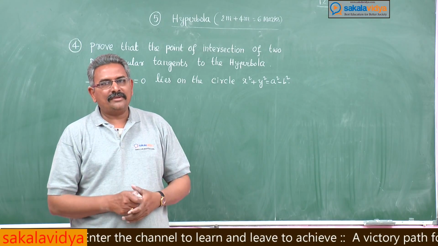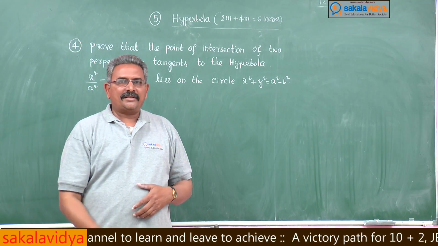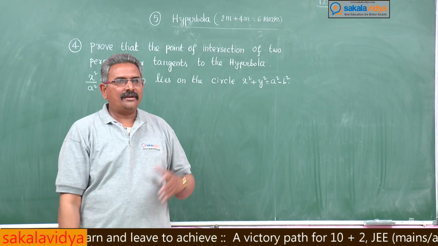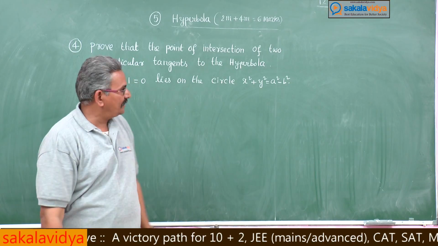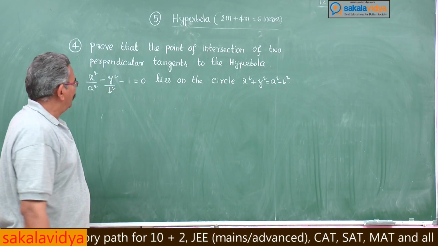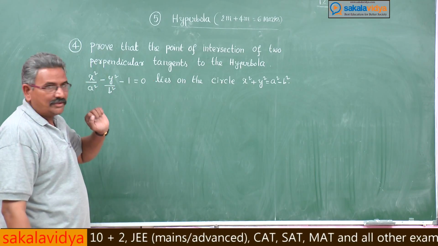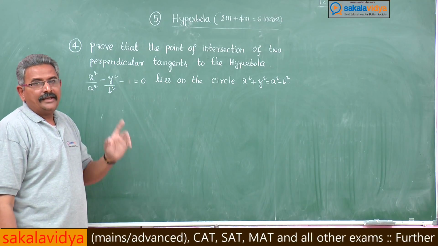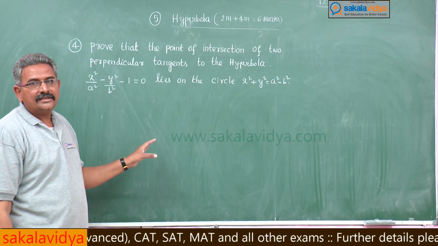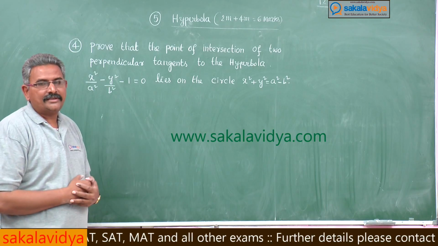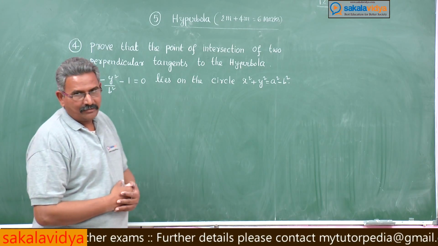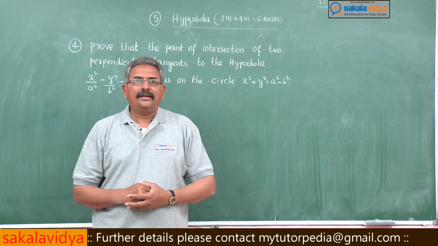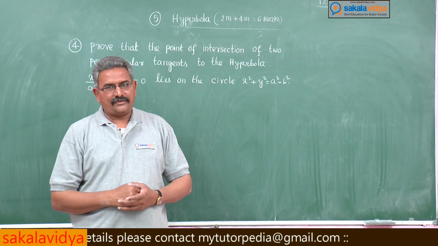The locus of the point of intersection of the perpendicular tangents drawn to either an ellipse or a hyperbola is called the director circle. So, now how to find this? We have to write the equation of any tangent to the hyperbola, that is y is equal to mx plus or minus under root of a square m square minus b square.